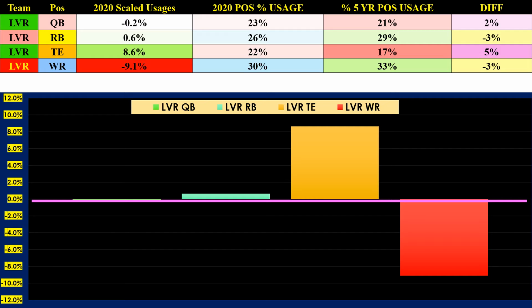The Raiders really found their tight end and really neglected their wide receivers. Their quarterback was pretty much average. So can and will defenses try to shut Waller down? Does that open up an opportunity? At 9% across the league, that is embarrassing. That is bad.